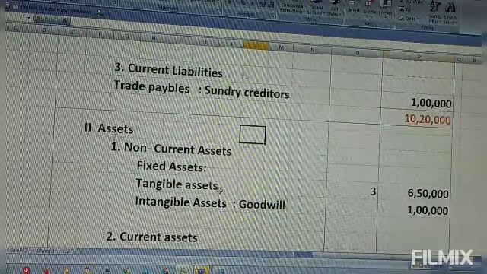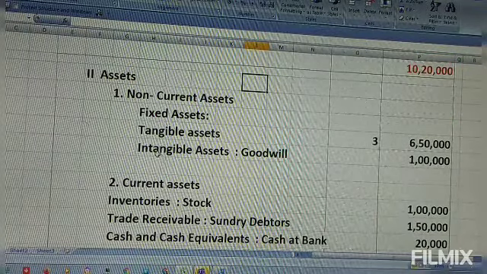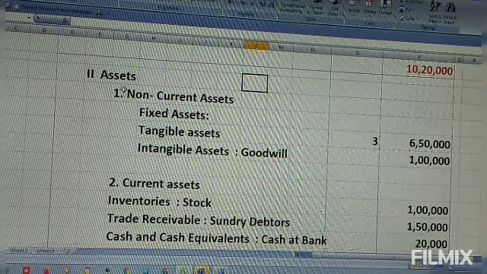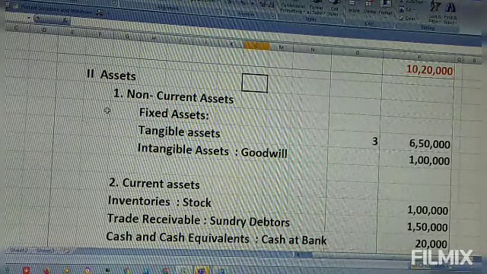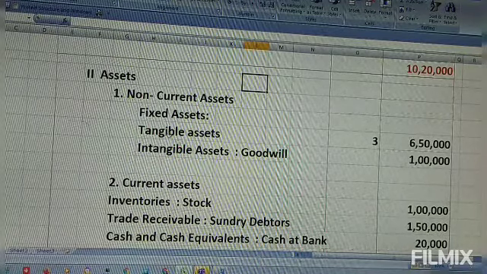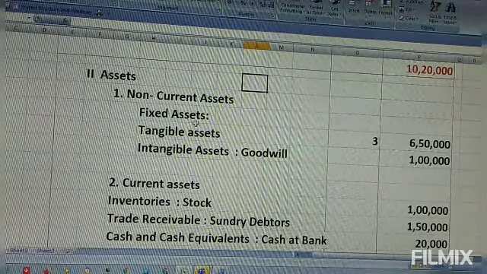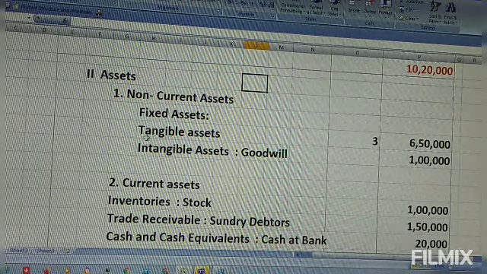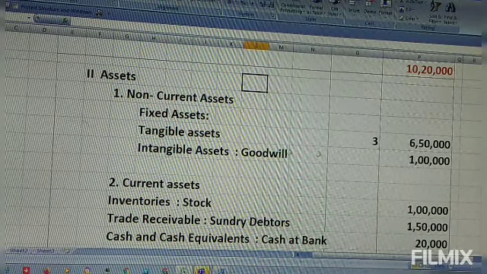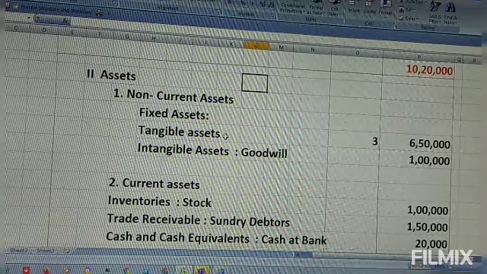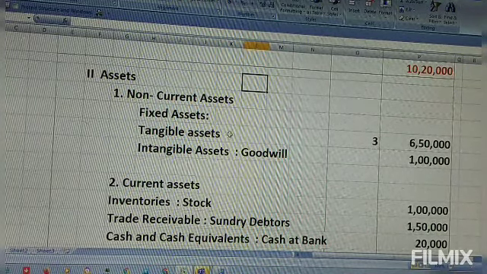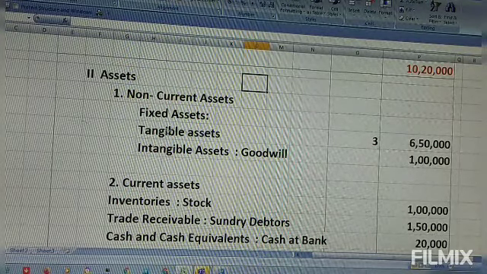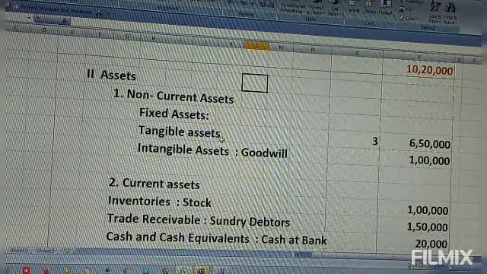Now we'll go for assets. Here, the same value should be there. Assets are classified into non-current and current assets. Non-current assets include fixed assets first. Tangible assets may be building, premises, machinery, equipment, furniture, which can be seen and touched.